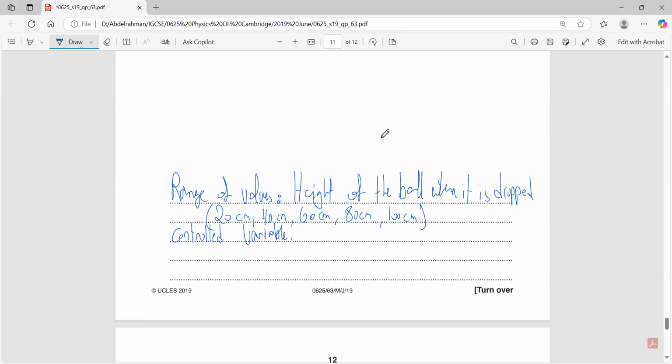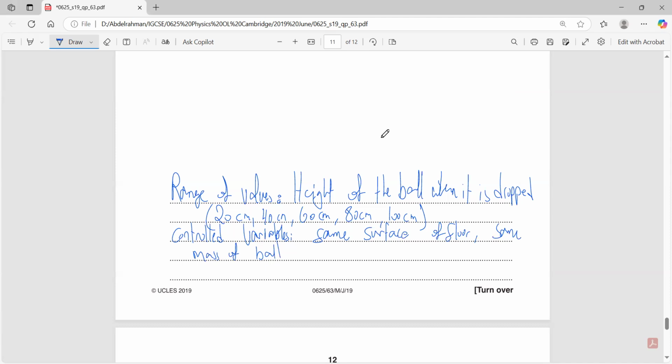Controlled variables. Same surface of the floor. Same mass of the ball. Can I say same size of the ball? Yes, you can say the same size of the ball.